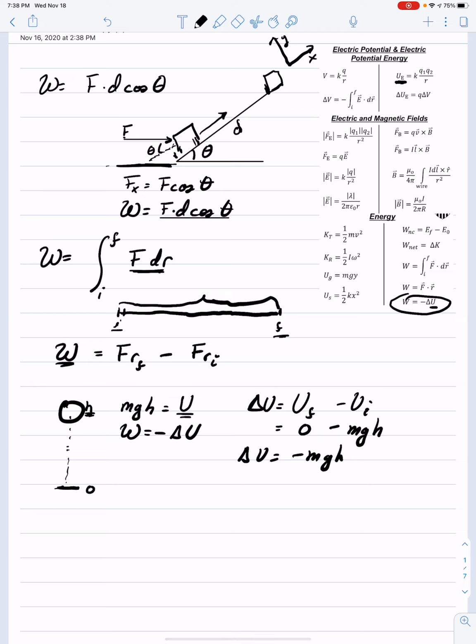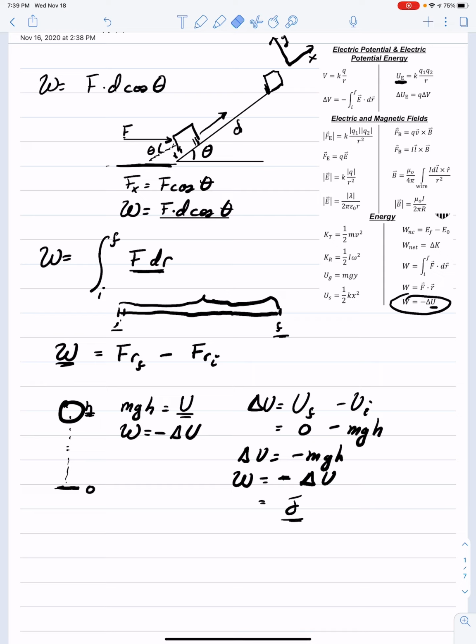However, because we're losing potential energy and it's coming down, it is doing work, and that work is positive. So that's why there's a negative right there. When you multiply negative change in potential energy, it gives you a positive work. And whether it's potential energy, kinetic energy, or work, we always denote it in units of joules.